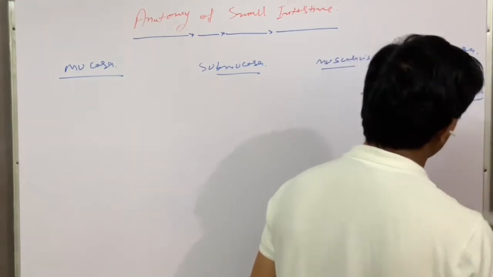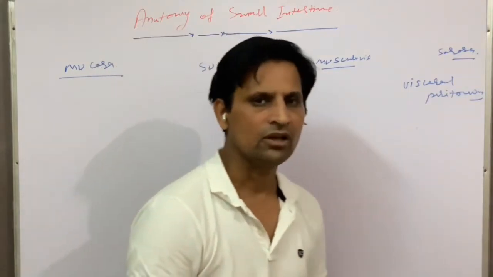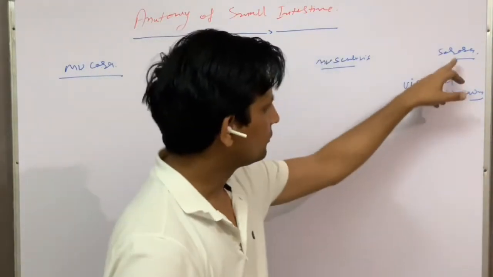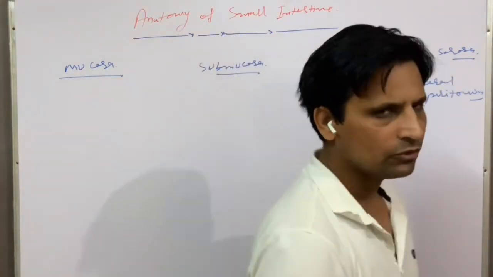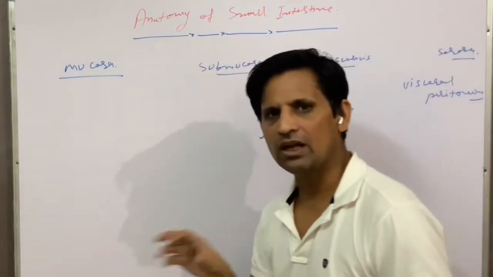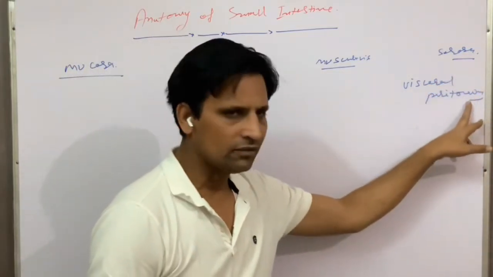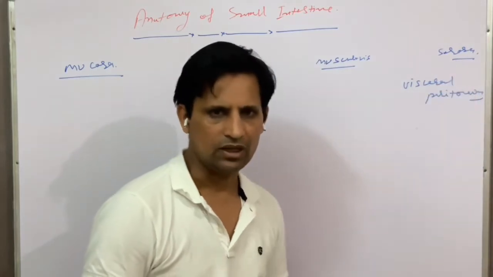As you all know, peritoneum covers almost all the organs or structures of the abdominal cavity. And you can see the covering of the visceral peritoneum in almost all sections of the small intestine, except some part of the duodenum, right? So there is an outer covering of visceral peritoneum, and this outer covering is known as the serosa.